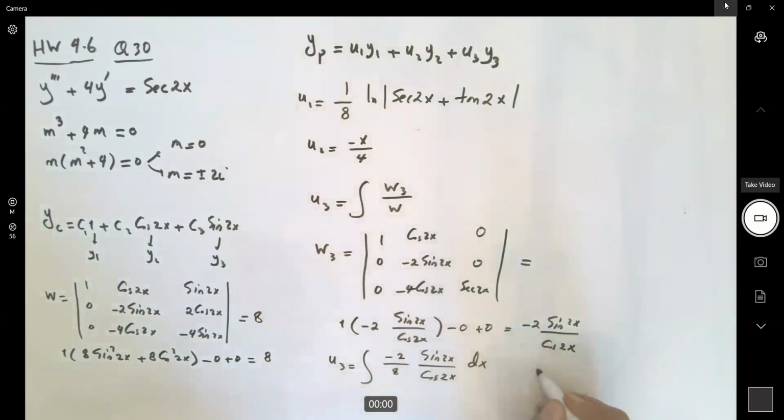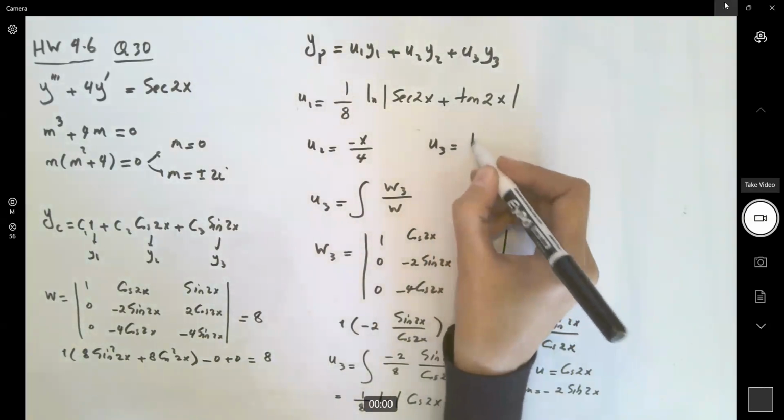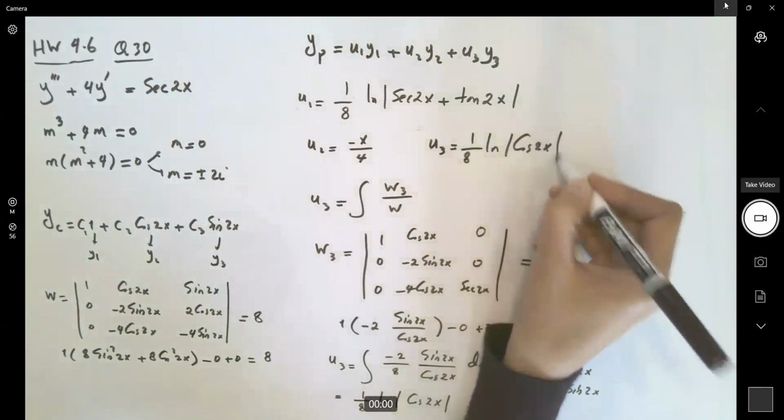By using substitution, u is cosine 2x and du is negative 2 sine 2x dx. So you have everything you need. This becomes 1 over 8 ln of the absolute value of cosine 2x. We found u3 as well.